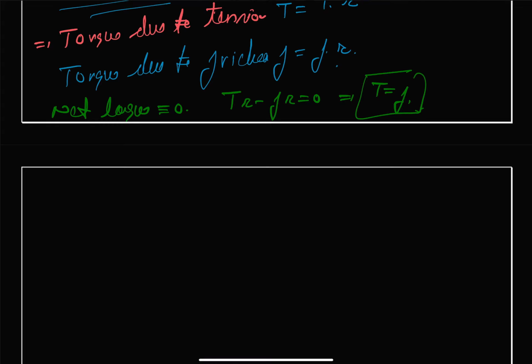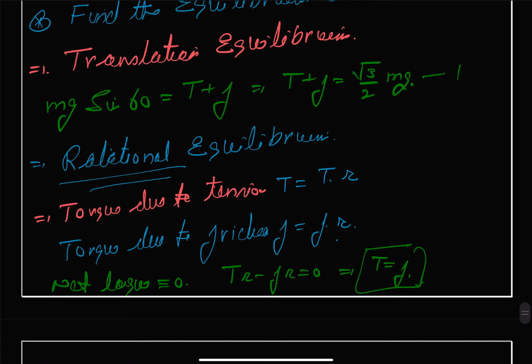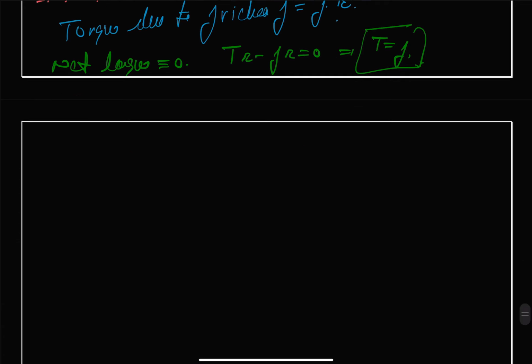So now we can use equation number 1. From equation 1 we have F plus F is equal to square root of 3 divided by 2 times mg.